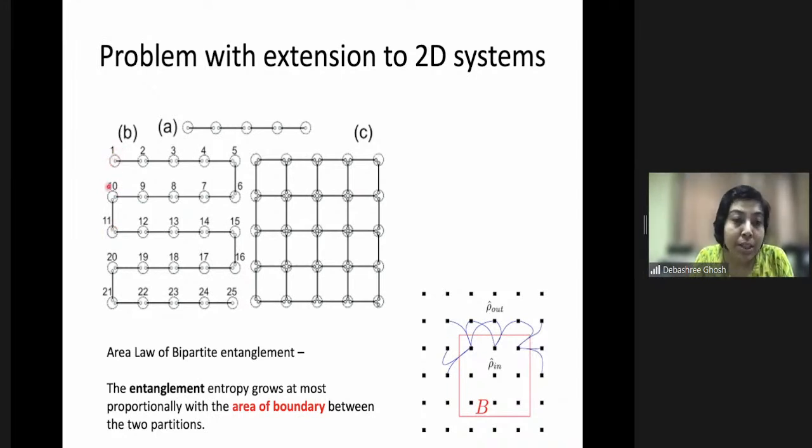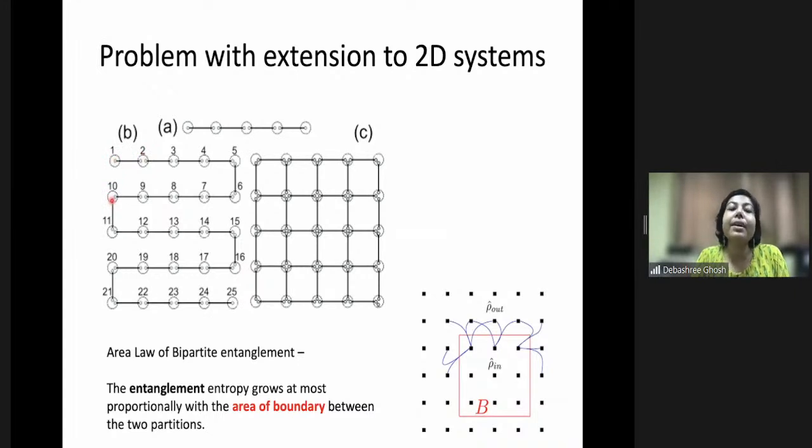But you see, this 1 and 10, these sites are actually adjacent to each other. But when you are doing the calculation, this comes across after a lot of steps. So you have essentially lost all the entanglement that you would have retained between 1 and 2. As efficiently as you would have retained between 1 and 2, you cannot retain between 1 and 10.